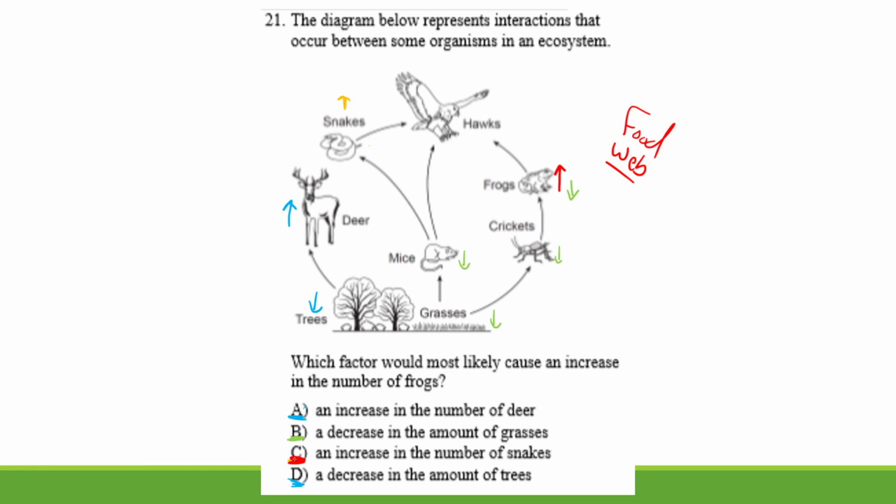Right, but an increase in the number of snakes means a decrease in the number of mice, means an increase in the number of grasses, means an increase in the number of crickets, means an increase in the number of frogs.